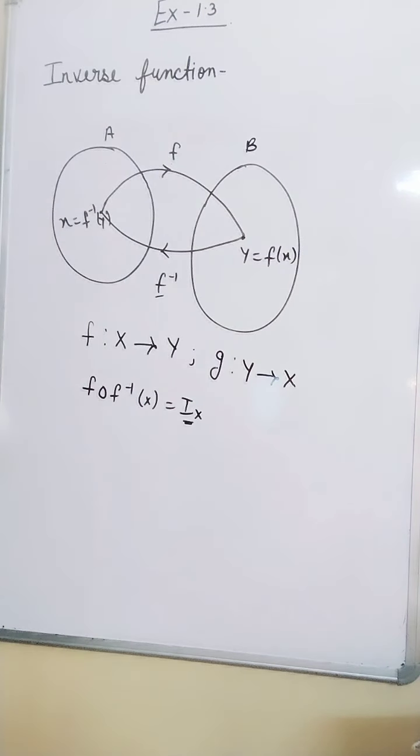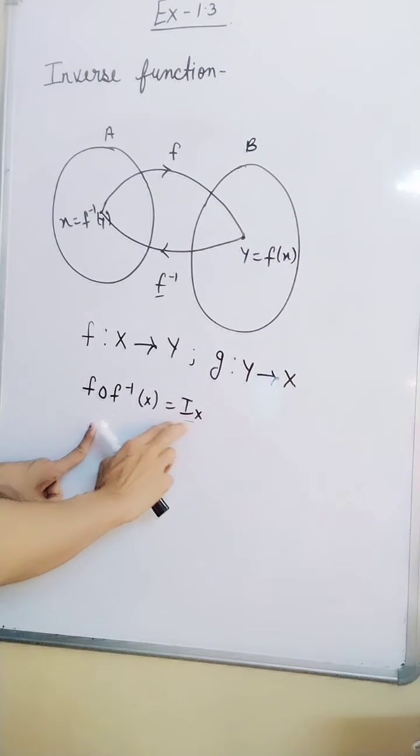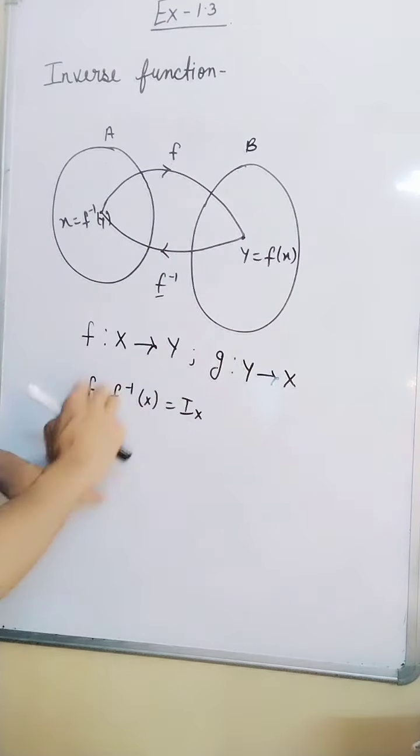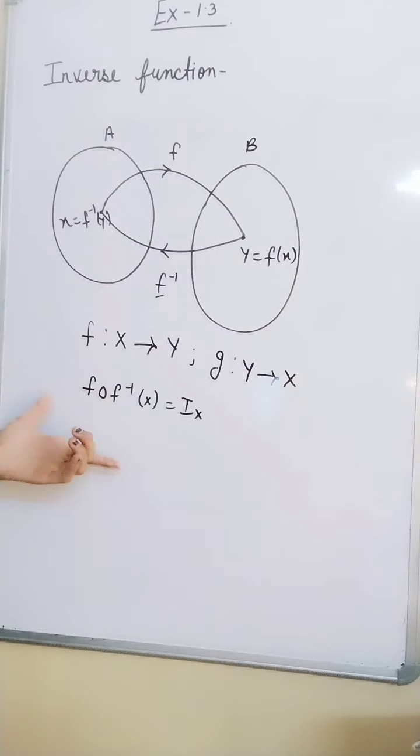So if we can define a function for a function f, such that when we do the composition of these two functions we get the identity, it means that function is an invertible function. If the composition of a function with its inverse is the identity, then that function is an invertible function. Clear?